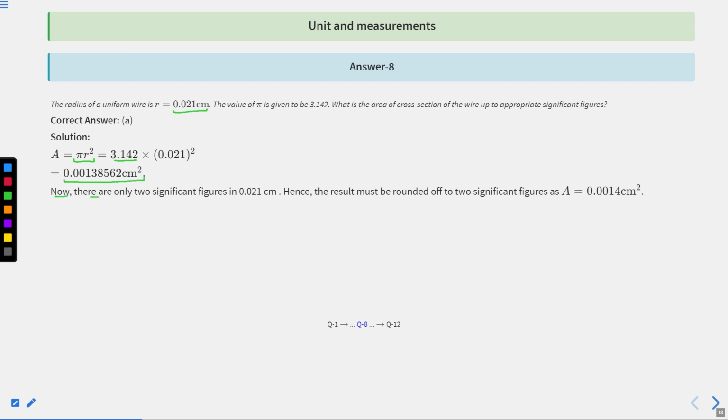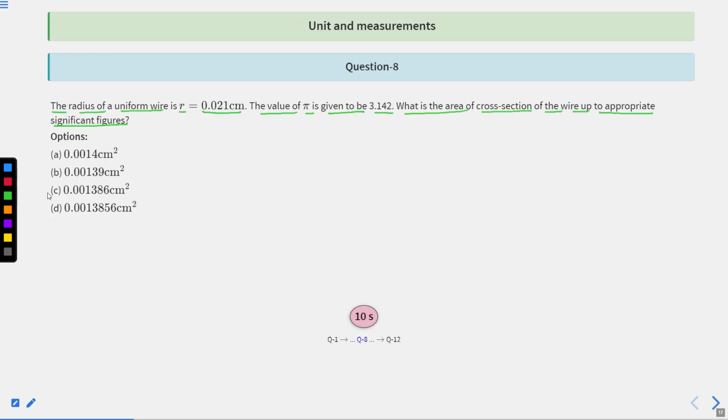Now there are only two significant figures in 0.021 centimeter. Hence, the result must be rounded off to two significant figures as the area is this. So the correct answer is A. A is the correct answer. Clear?